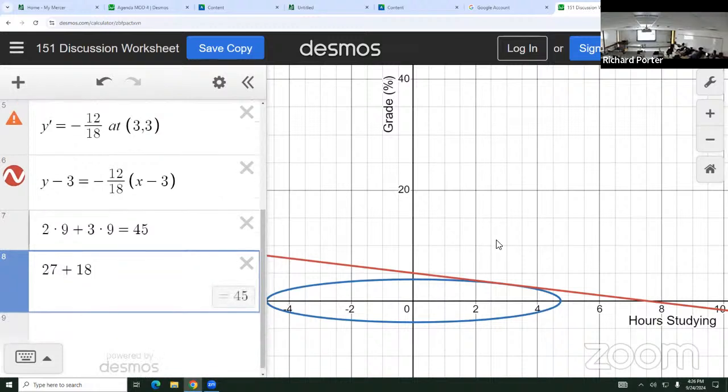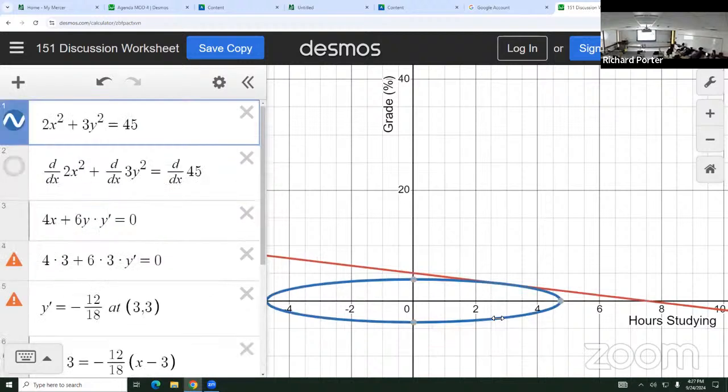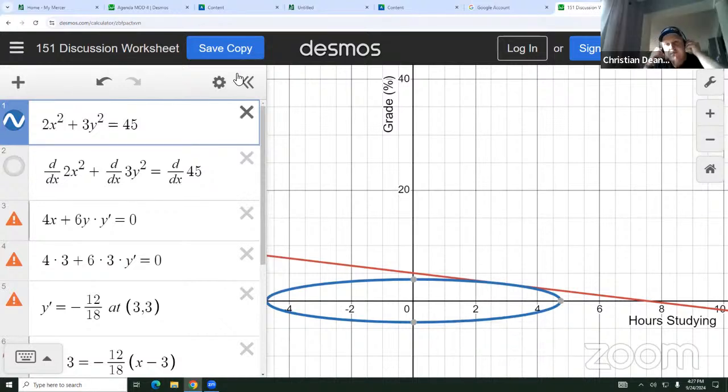So that point is on the curve. If they'd only given you the x value of 3, they'd have to tell you the y, because there are 2 different y values. There's another one down here where it's negative. (3,-3) is also on this curve somewhere. Okay, did that answer your question, Christian? Yes, thank you.